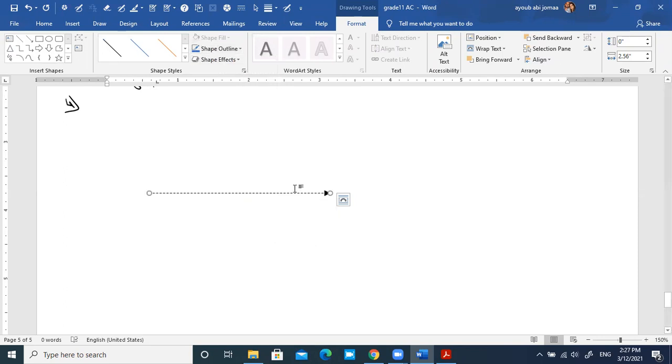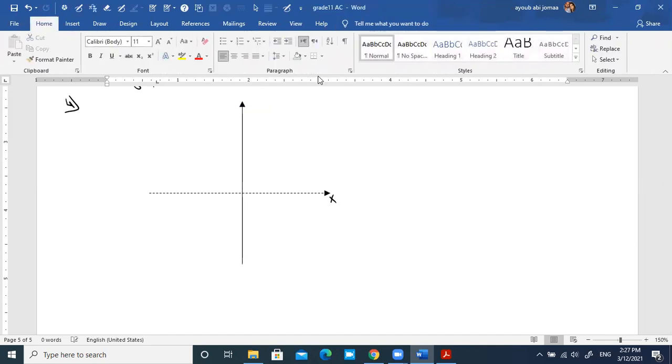Yeah, this is the x-axis. Sorry, y-axis. And this is the y-axis. And this is x.